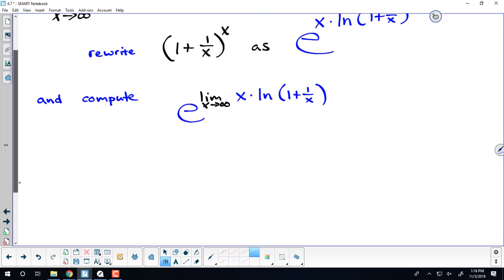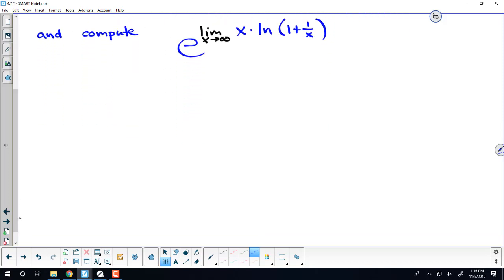So we'll do that off to the side as well. We've seen in the general sense that you're always going to have to rewrite this limit as e to that power, because that limit will always be an indeterminate product. But we'll go ahead and verify.